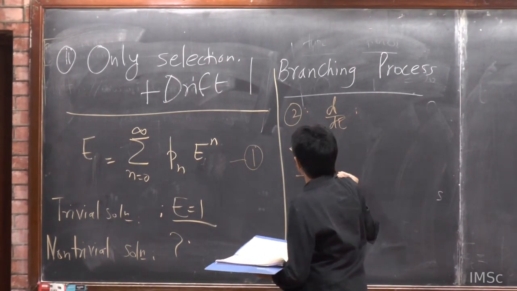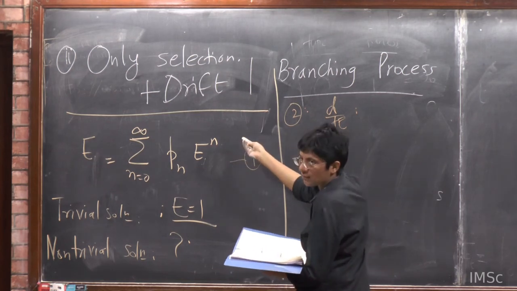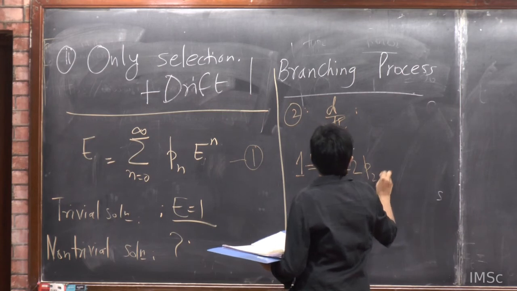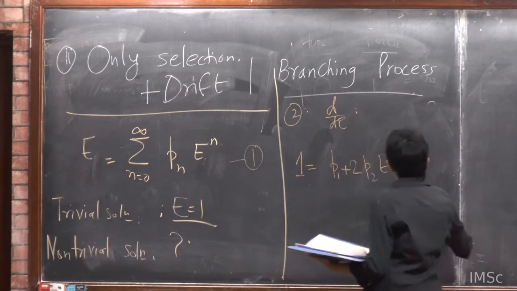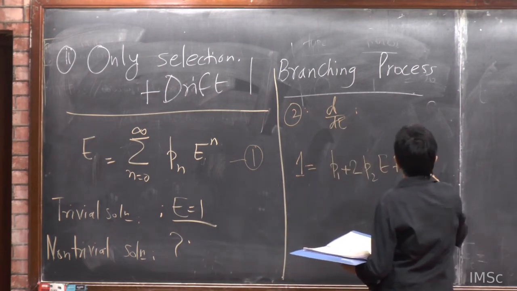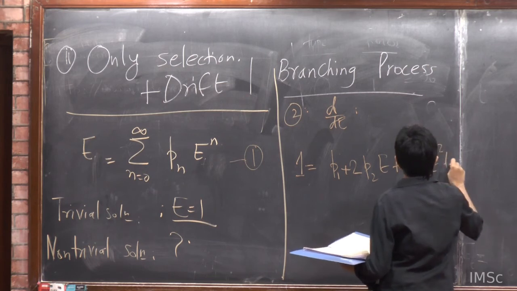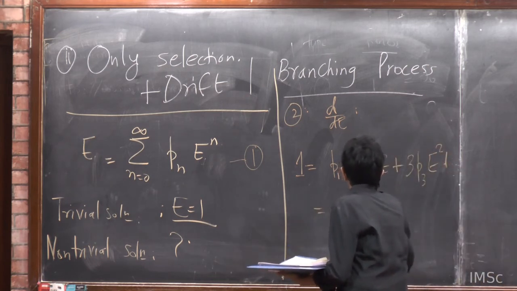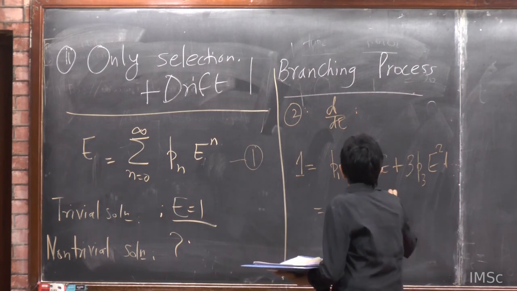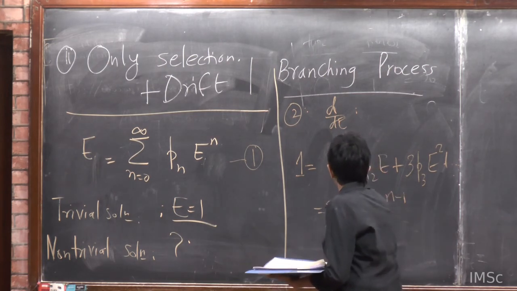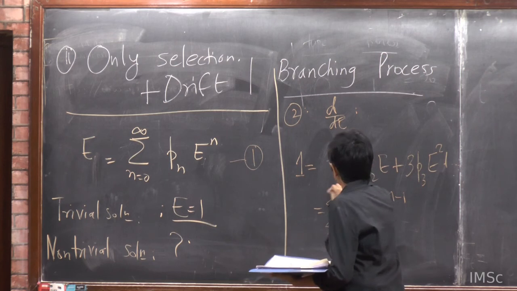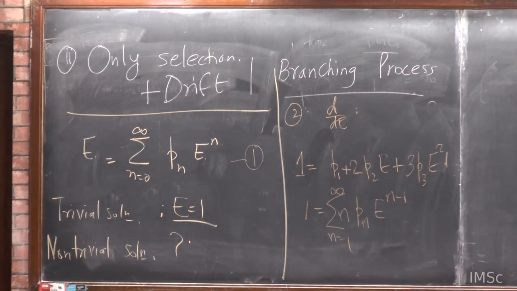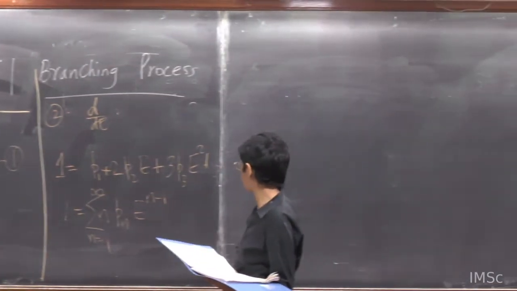So 1 equals, P0 goes away, and then I have P1 plus 2 P2 E, and so on. Did I do it right? Yeah.